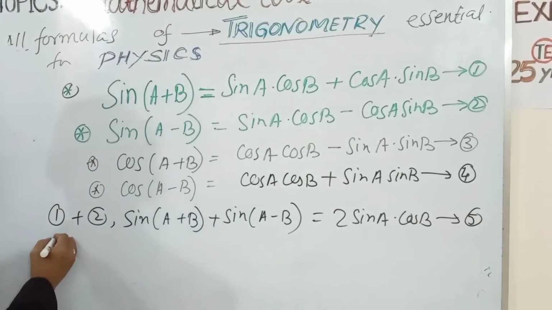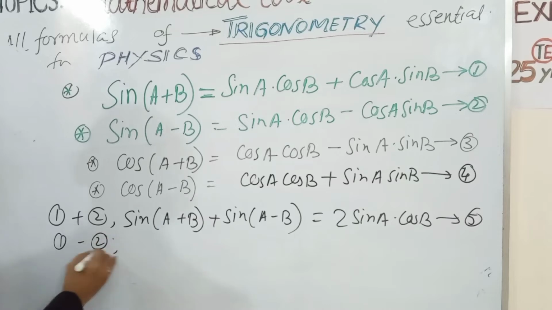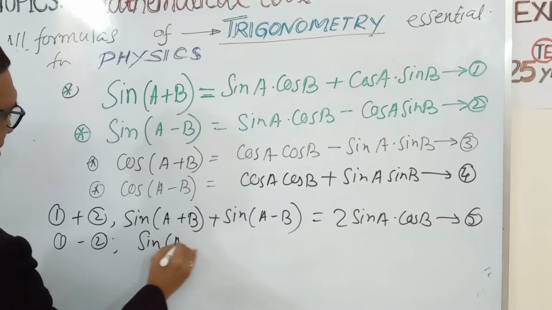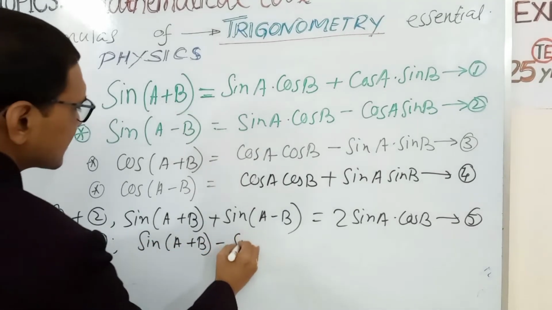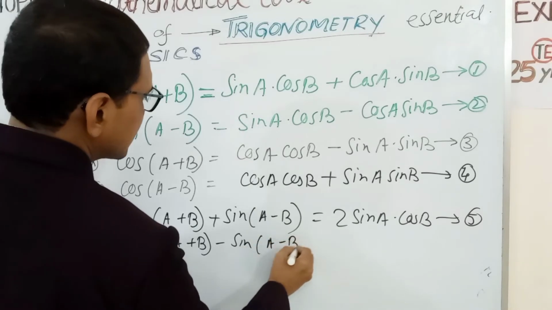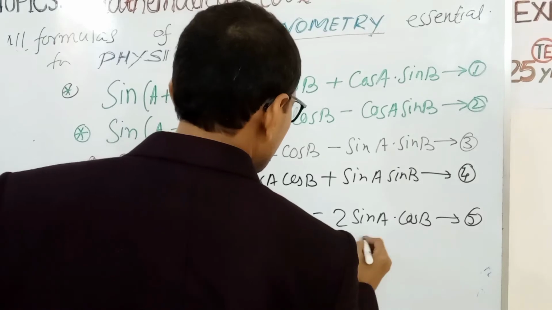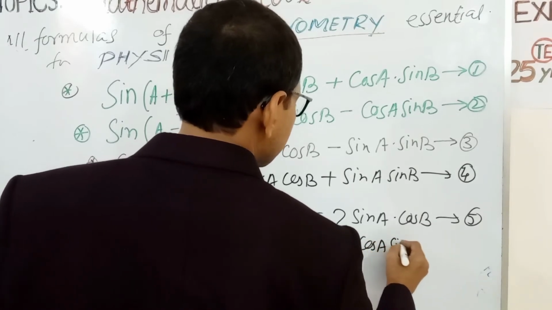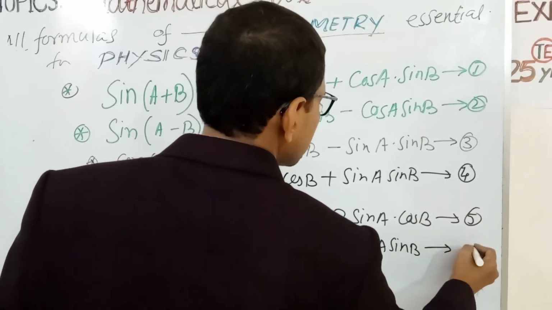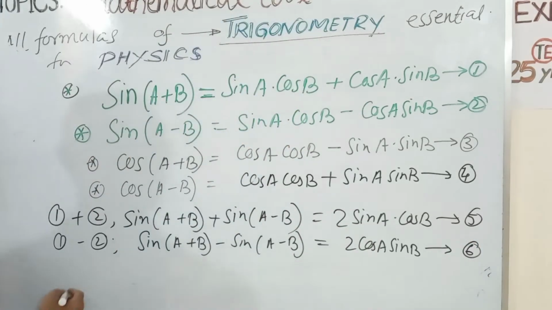And if we subtract 2 from 1, then sin of a plus b minus sin of a minus b becomes 2 cos a sin b.